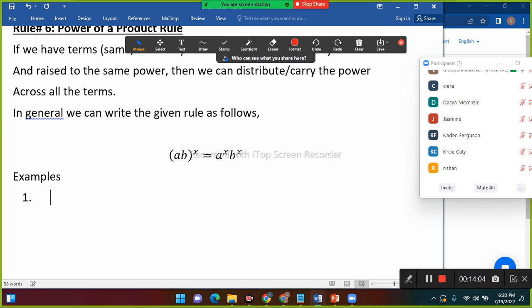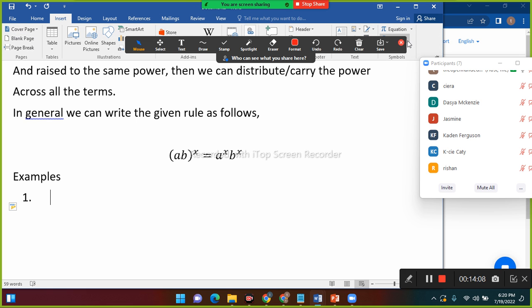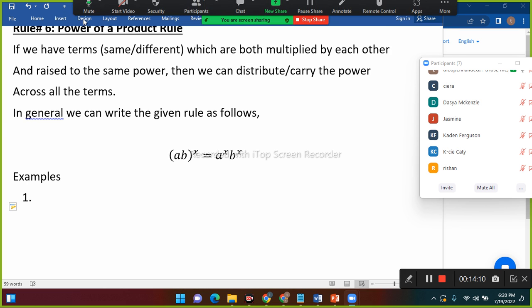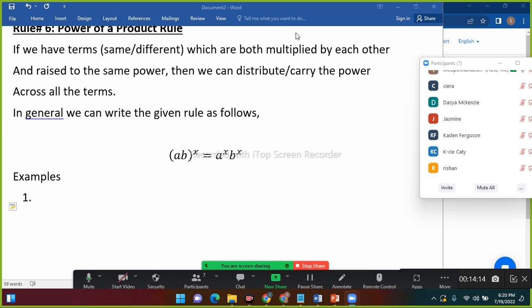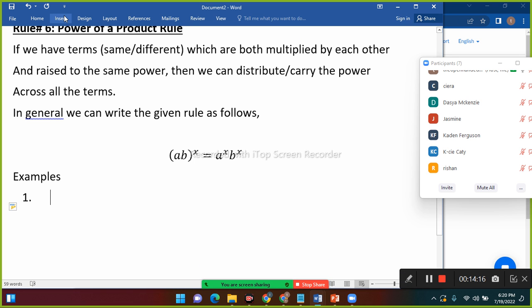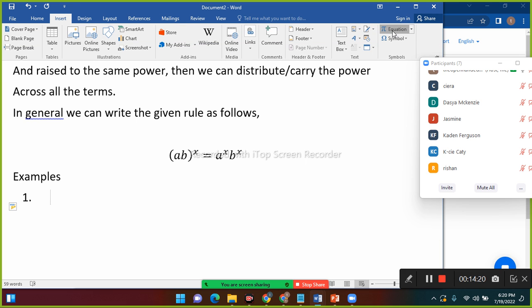So example number 1. Our favorite example. We like to use 2. You can't get simpler than 2, right? Let's use 1, but 1 is extremely trivial, right?